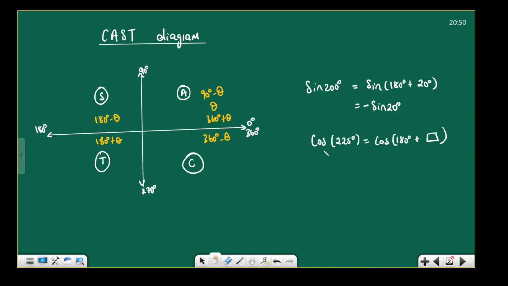So how much must we add to get 225? Yes, 45. You must add 45. Good. Then you say cos of the 45, the acute angle. But you must indicate whether it's negative or positive. So in this quadrant, it's only tan which is positive. So hence the answer will be negative cos 45. In doing that, guys, you will be very, very okay.